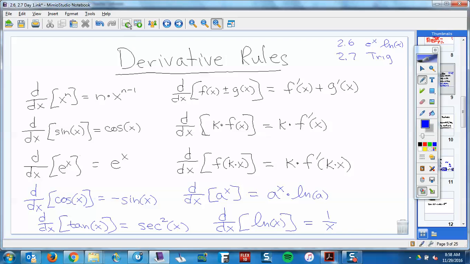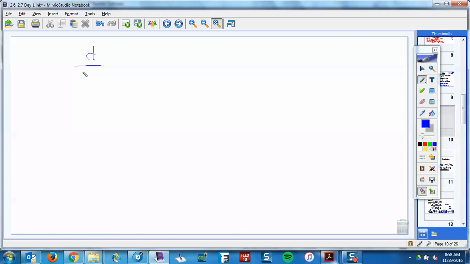Okay, and then I'm out of room, so I'm going to go to the next page. And the derivative of other base logs, so log base a of x, is very similar. It's 1 over x times 1 over ln a. So again, it's very similar to the exponential. Remember, exponentials and logs are inverse functions, so there is this connection.